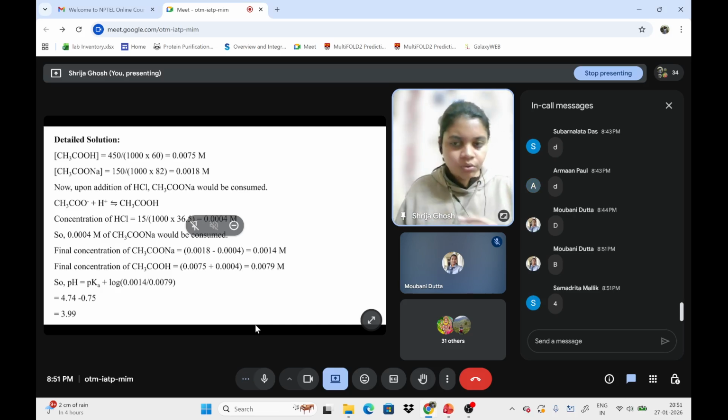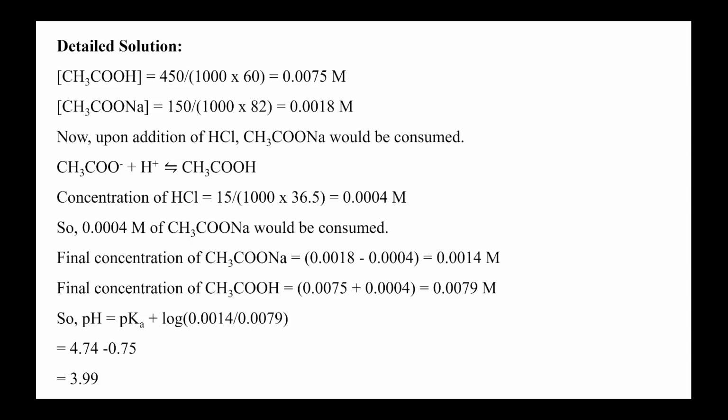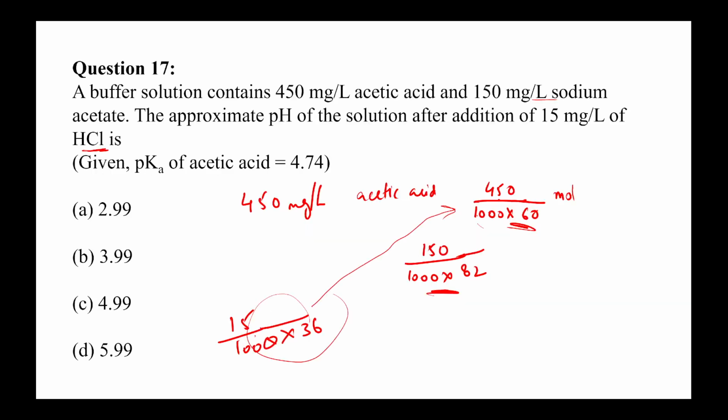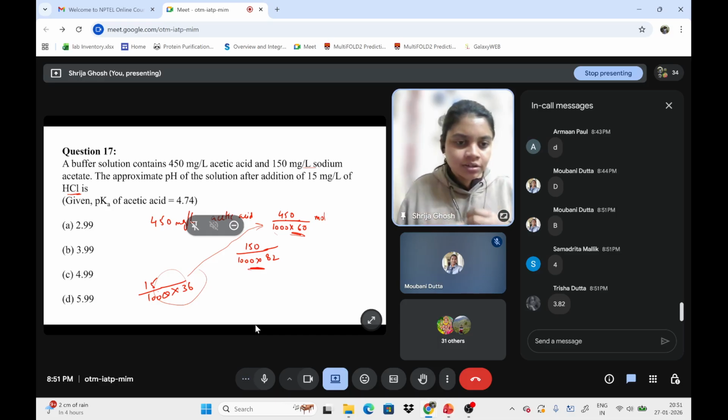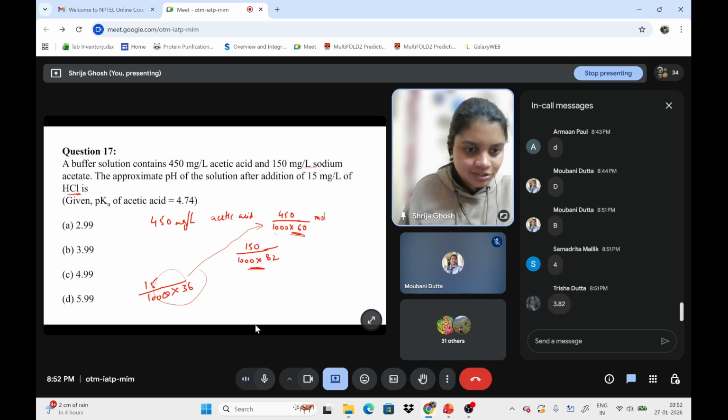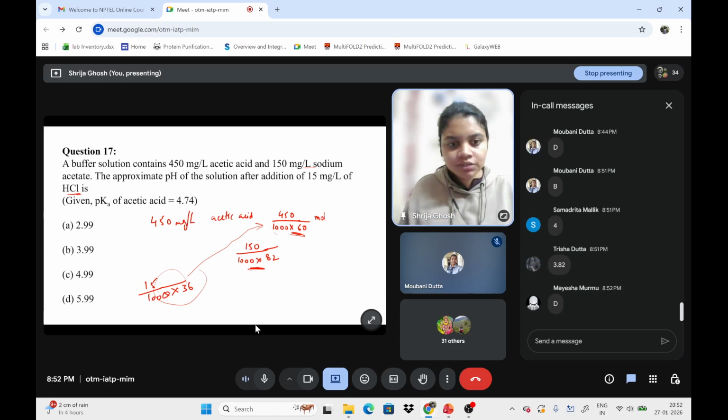Samajita is also close with 3.99, since your option had 3.99. So these were the options. Even if you are getting 4, Trisha, you are getting 3.82, I think the answer shouldn't be this far from the options. So Trisha, I would request you to check your calculation once.